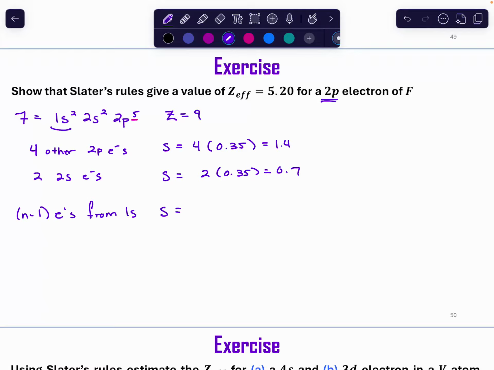That gives a shielding contribution of those two electrons times 0.85, which is 1.7. For your total shielding constant, you add those three together and you get 3.8.